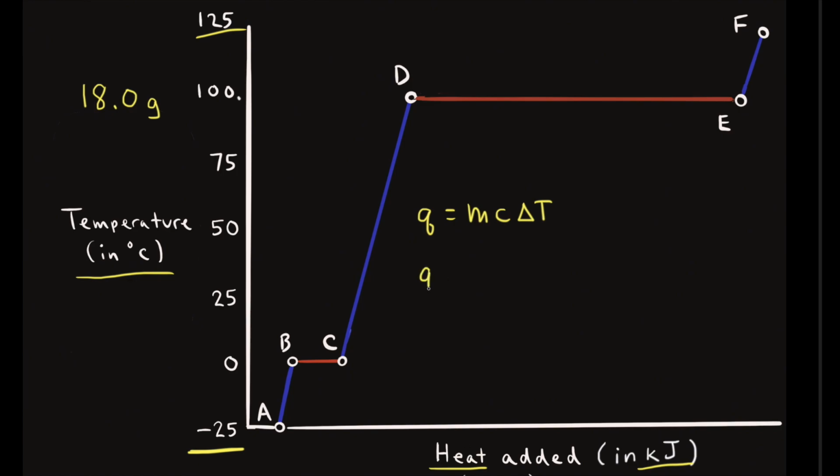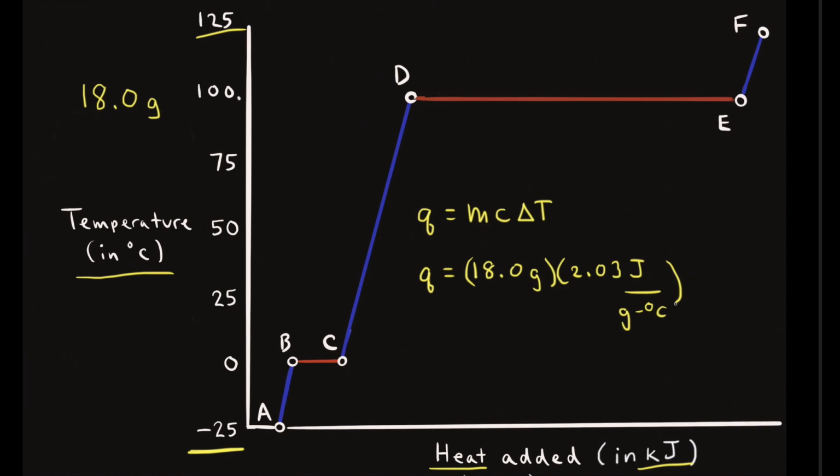which is the final temperature minus the initial temperature. So we're trying to calculate Q, and we know the mass of our ice is 18.0 grams. The specific heat of ice is 2.03 joules per gram degree Celsius. And for the change in temperature, it's final minus initial. So the final temperature would be 0 degrees Celsius, and initial is negative 25.